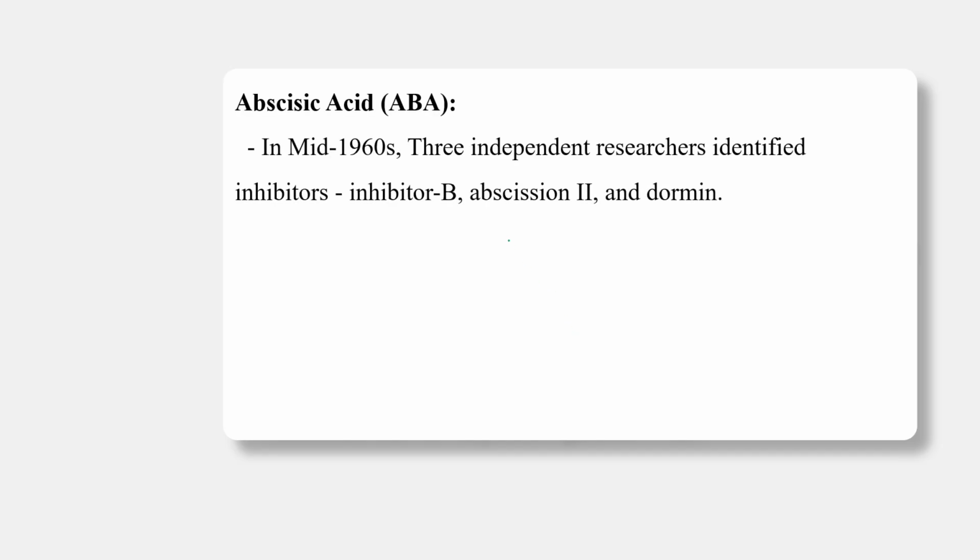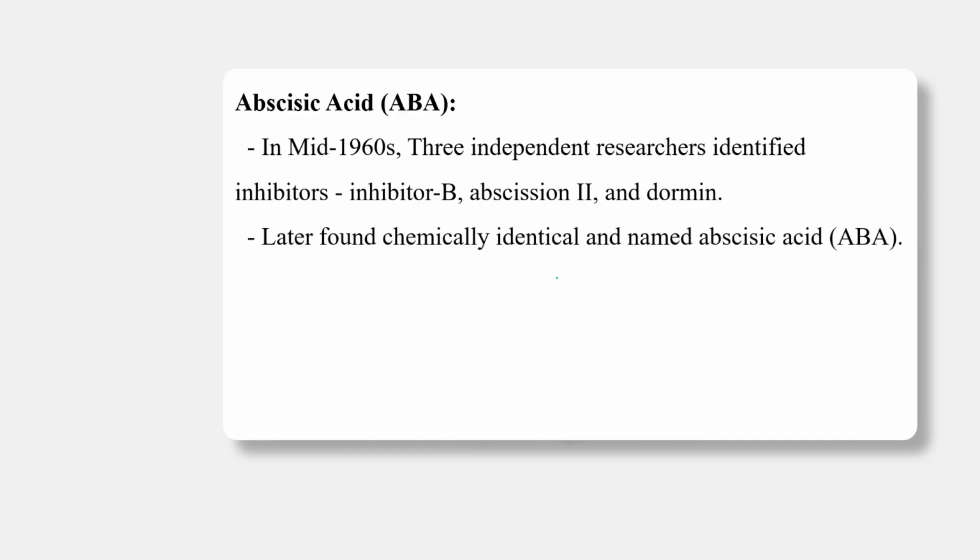Abscisic acid: in the mid-1960s, independent researchers identified abscisic acid as inhibitor B, abscission II, and dormin. Later they were found to be chemically identical, and they named it abscisic acid.